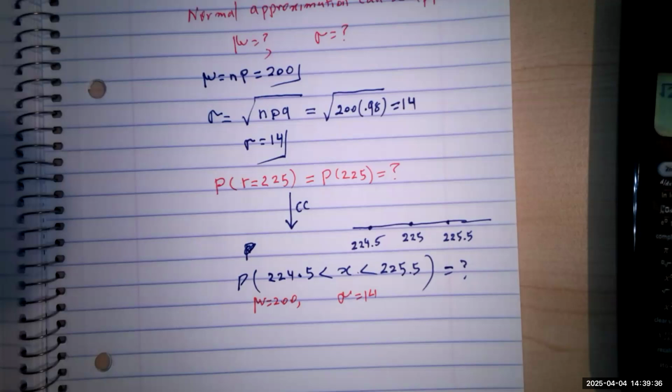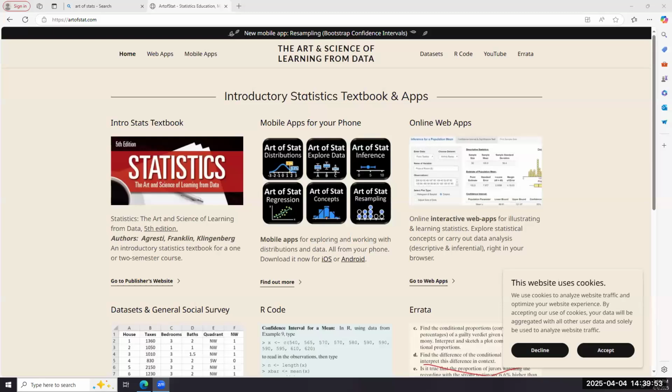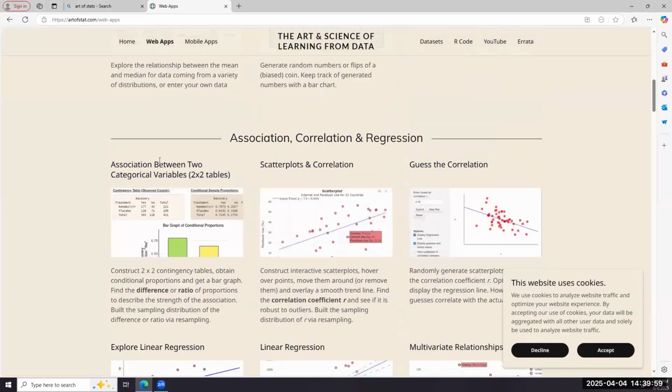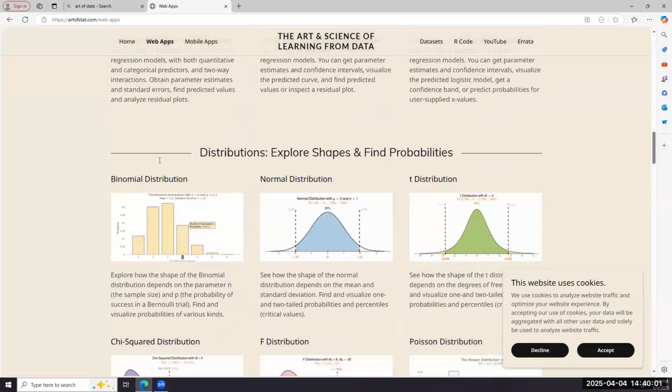Okay, get to the Art of Stats, sharing. I have to refresh this. So that's our application. Okay, in the stats web app, go for the normal distribution.